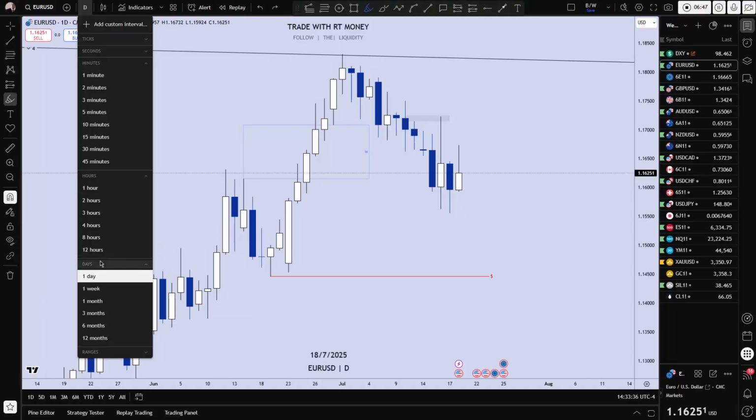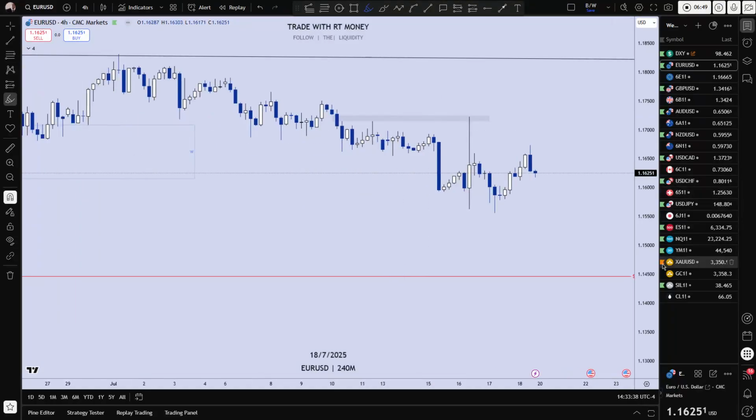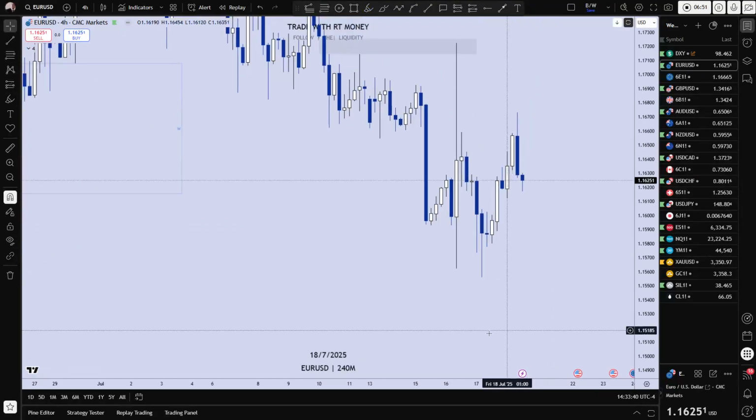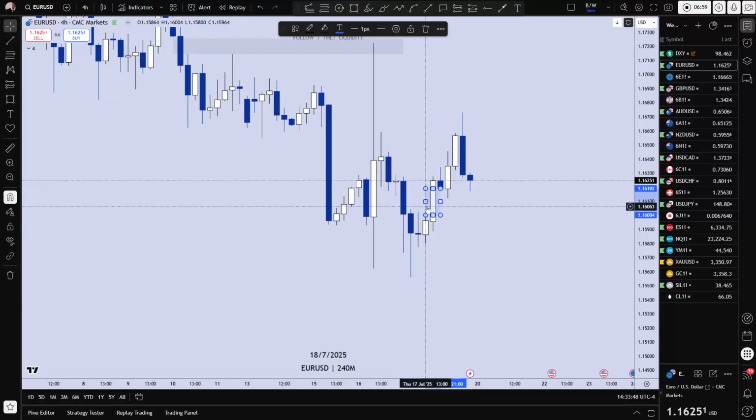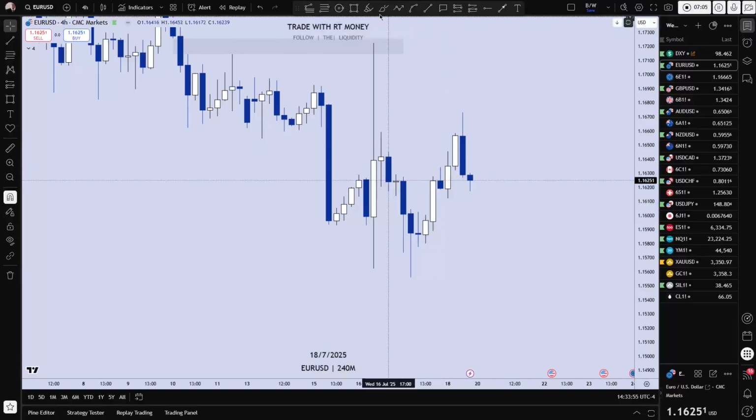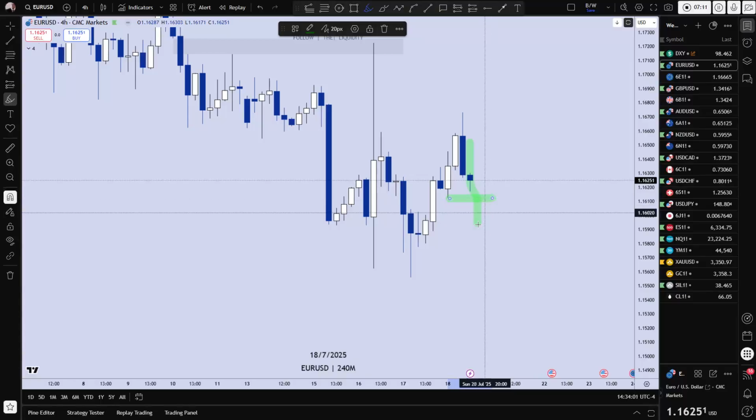If we go to the 4-hour just to take a peek, we can see that we have some interesting areas to look at. There's a bearish fair value gap here that has already been traded into and used. It did its job. Now the market is continuing down, and what we're going to look at is, if it takes that low, will it turn up?